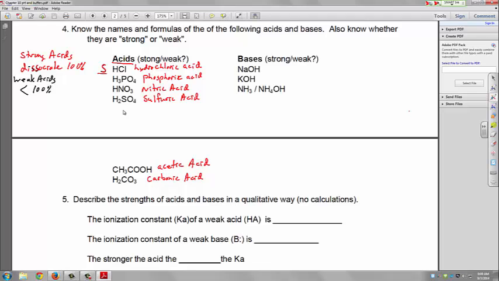So HCl is strong, as is, and I think I mentioned this in class, hydrobromic and hydroiodic are also strong. Okay, nitric is a strong acid, sulfuric acid is a strong acid.